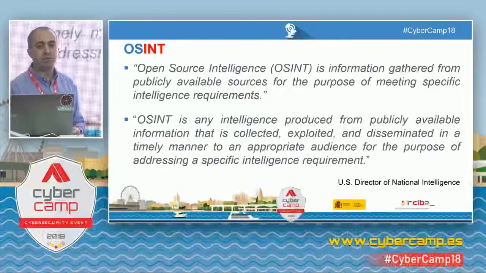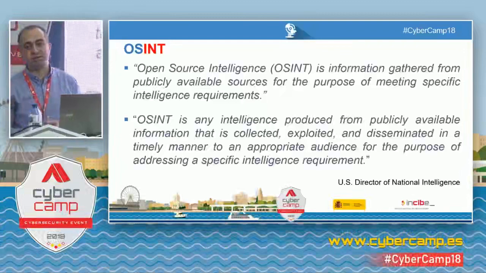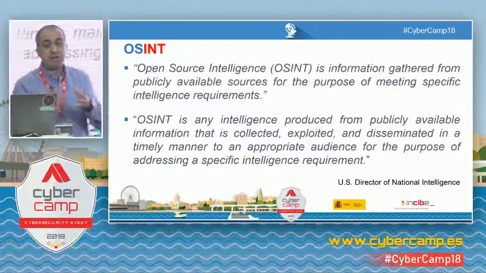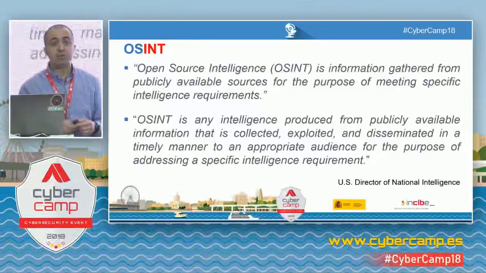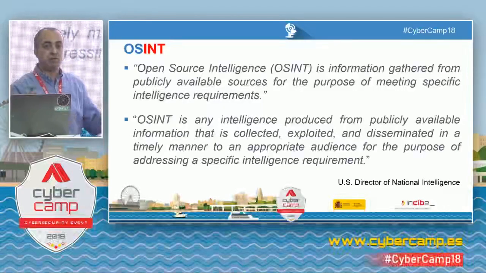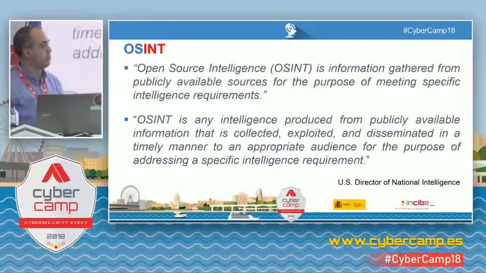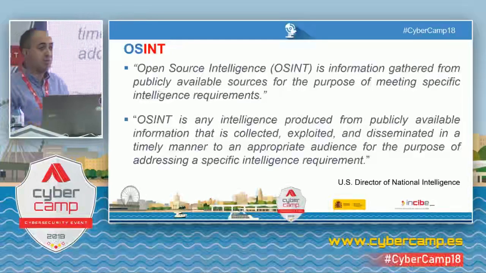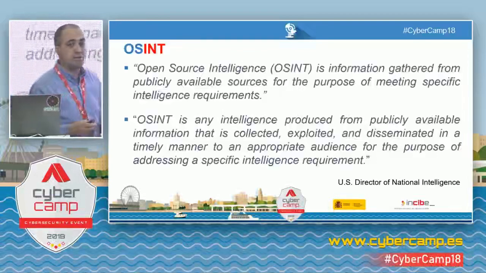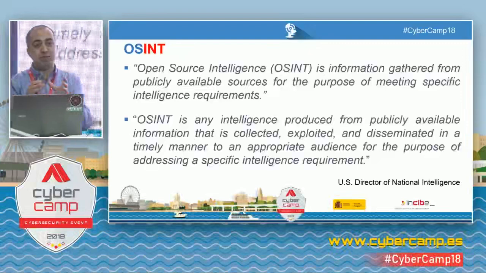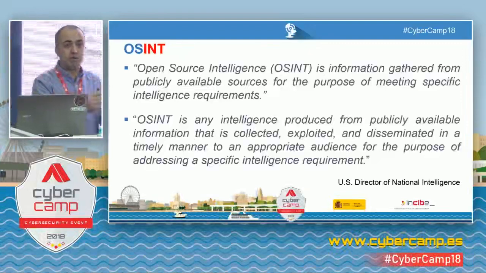I'm not going to give you a lot of definitions about OSINT and SOCMINT. In the case of OSINT, open source intelligence, well, it's information, data, facts and figures gathered from publicly available sources for the purpose of meeting specific intelligence requirements.